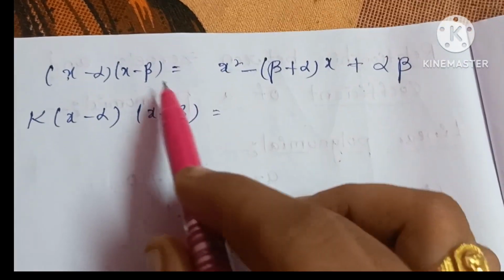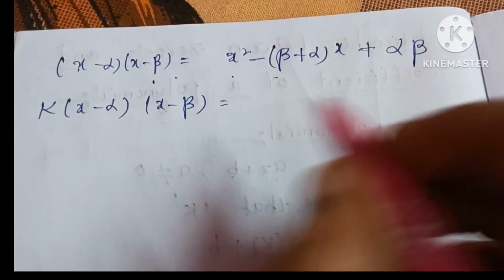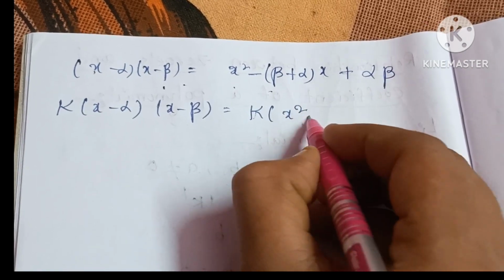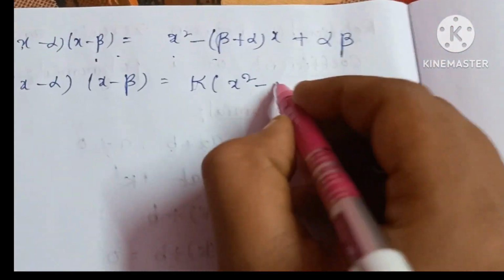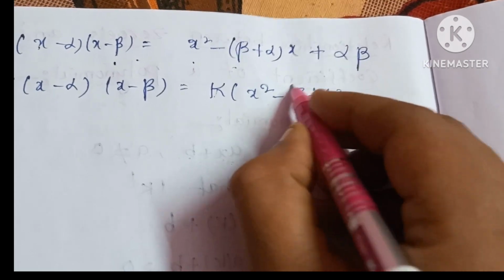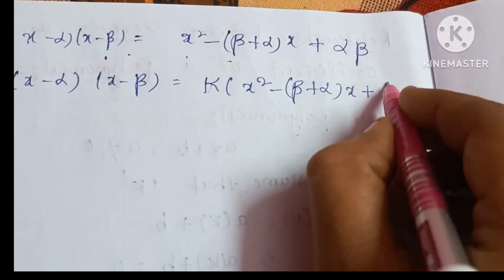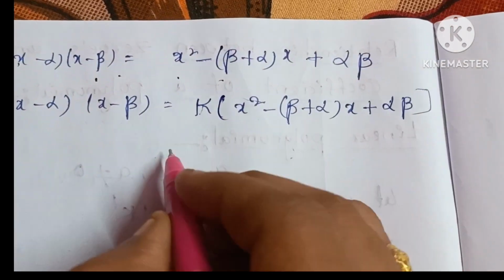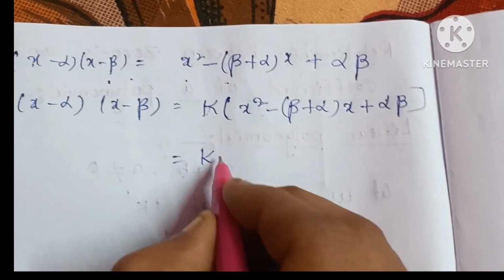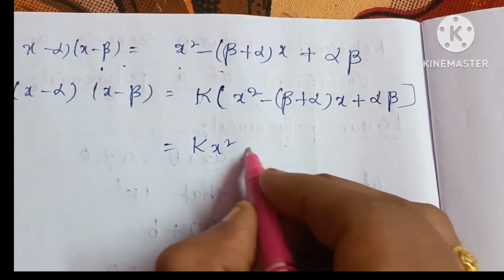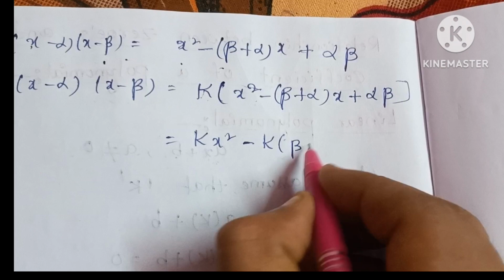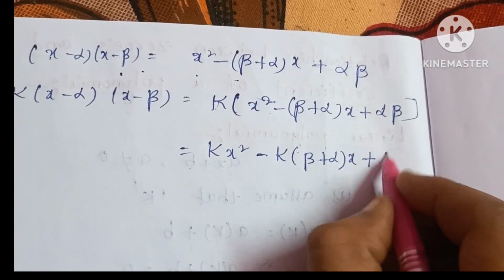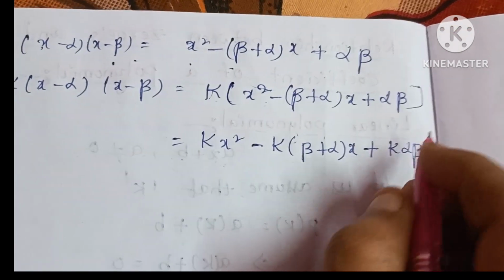Now in this x minus alpha and x minus beta, I substitute this one: k into x square minus beta plus alpha into x plus alpha beta. So k into x square minus k into beta plus alpha into x plus k into alpha beta.